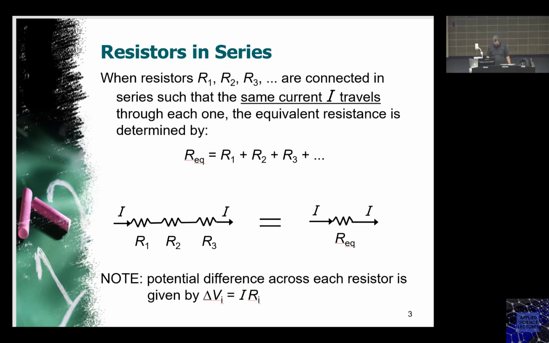So in this circuit, I can see that those resistors R1, R2, and R3 are all connected in series because R1 and R2 are sharing this terminal, and then the same current is going through R1 and R2. Same thing applies to R3. R3 and R2 are in series. The same current goes through R1, R2, and R3. So all of them are in series.